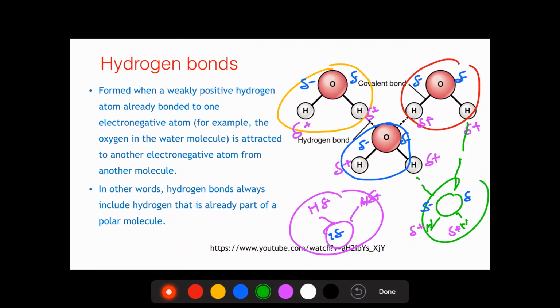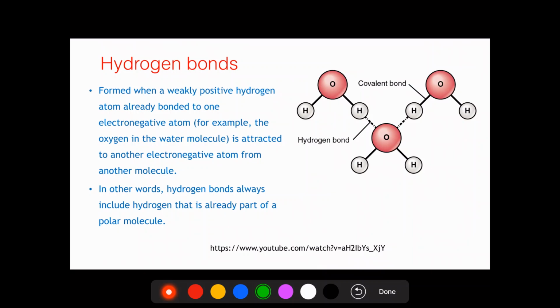This should get attracted to the oxygen, and this will get attracted to this oxygen, and so on. So these attractions are the hydrogen bonds. Oh, sorry, not the last two, these between the hydrogen and the oxygen. So these are the hydrogen bonds.